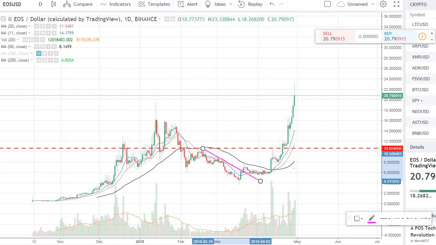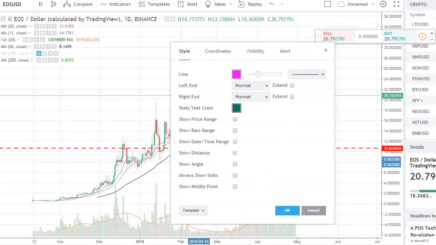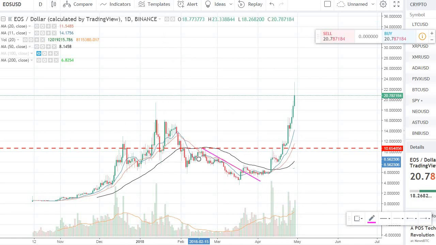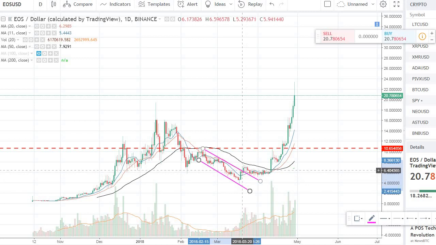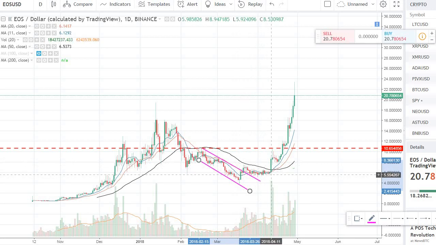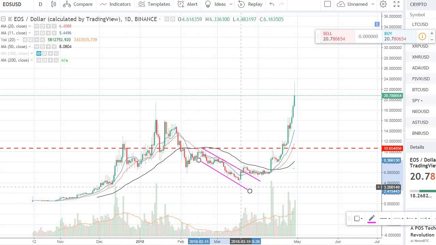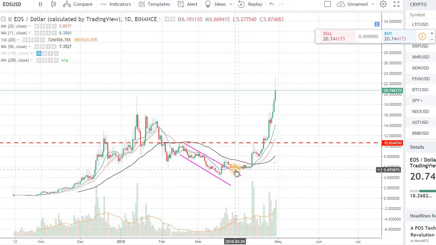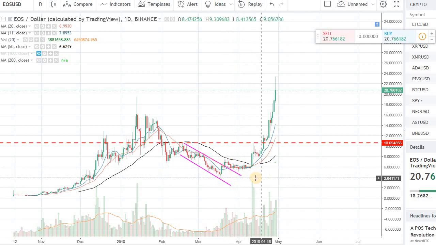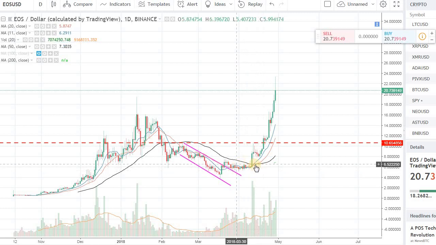It was more like a down channel, and we got out of that channel right in the middle of March. Since that breakout, it consolidated in this zone in late March and early April. It sat there and did not make newer lows, or even come near the previous lows. That was a good sign.